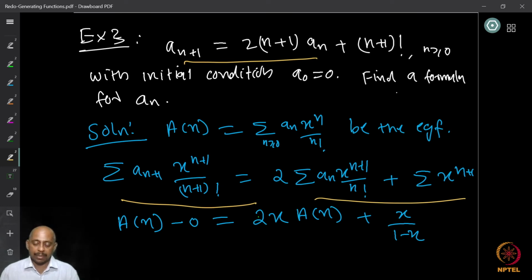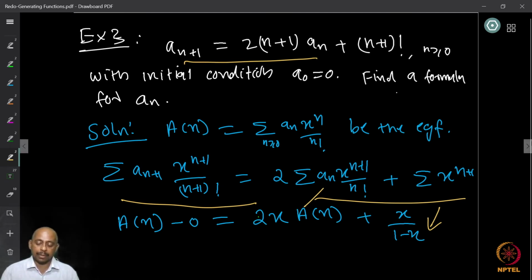And from the last term, n plus 1 factorial itself cancels, and I get summation x raised to n plus 1. Now this one is x by 1 minus x, because we have just one extra x sitting here. And this one, if you take one x outside, is basically A of x, so it's 2x times A of x. The first term is 0, therefore on the LHS we have A of x itself equal to this. So A of x into 1 minus 2x is equal to x by 1 minus x.